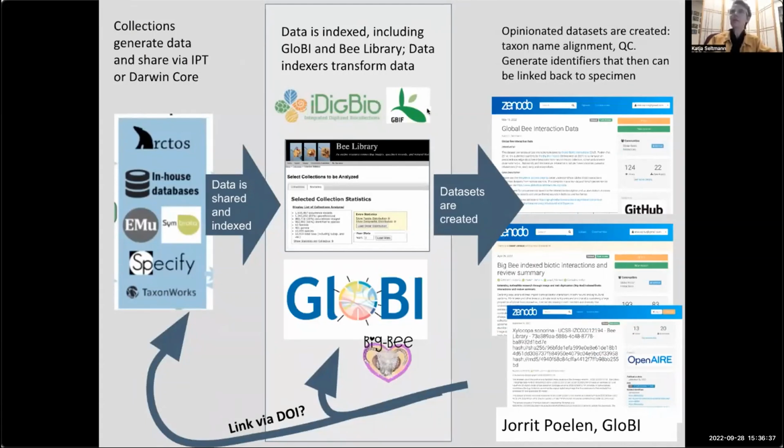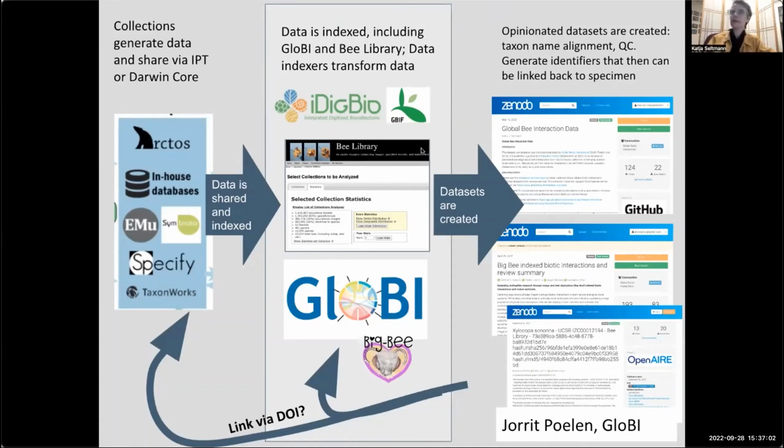From these indexed data sets, the data is transformed almost always in some way, either by aligning taxon names or filling out fields that weren't filled out, such as country or continent. And so it's this transformed data that researchers typically download.